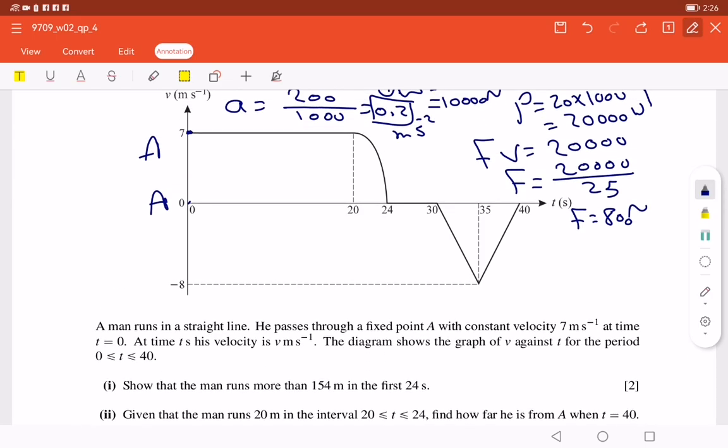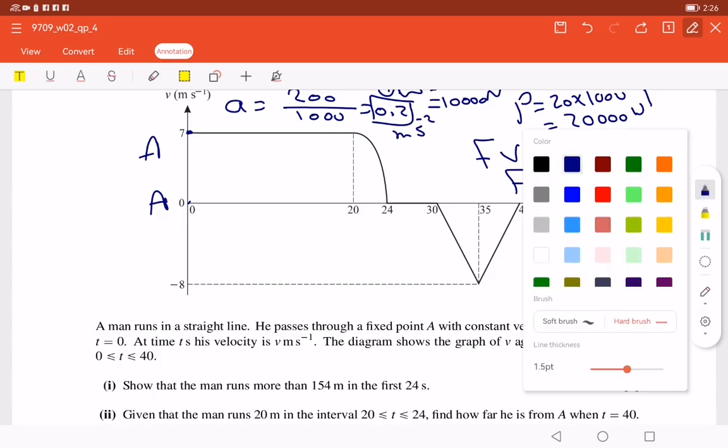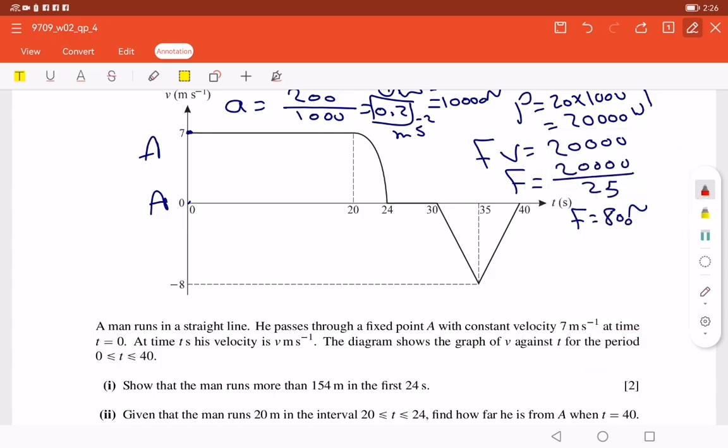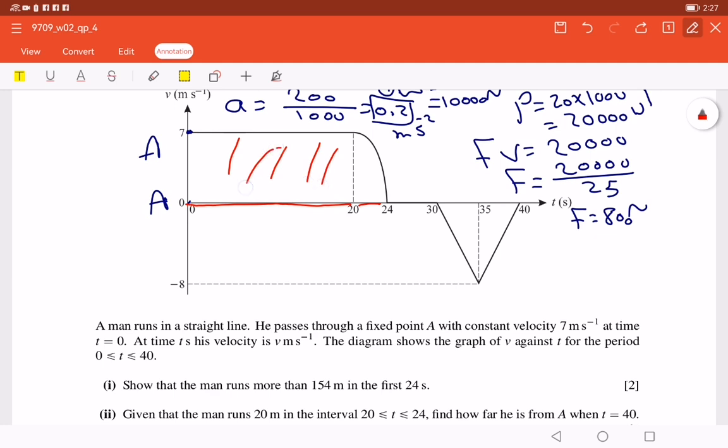So to solve a question like this, you must understand the graph correctly. In the first 24 seconds, we have two parts. The first part is from 0 to 20, the second part from 20 to 24. Look here, from 0 to 20 we have a rectangle.